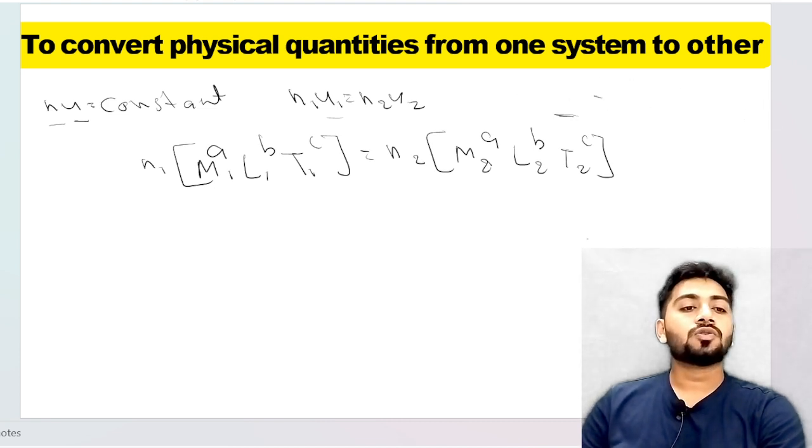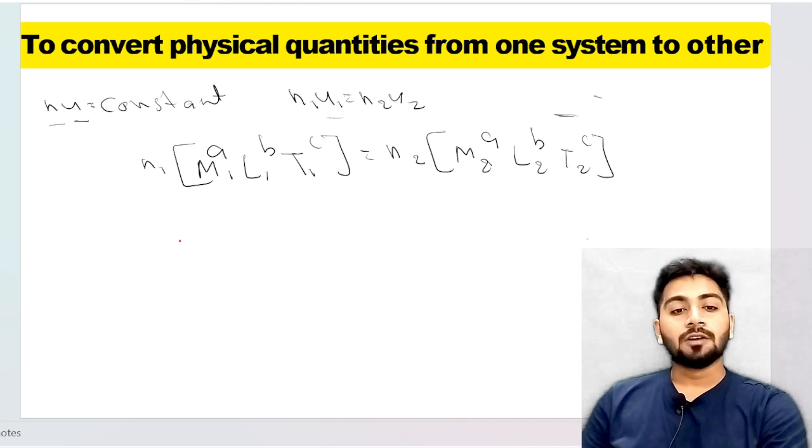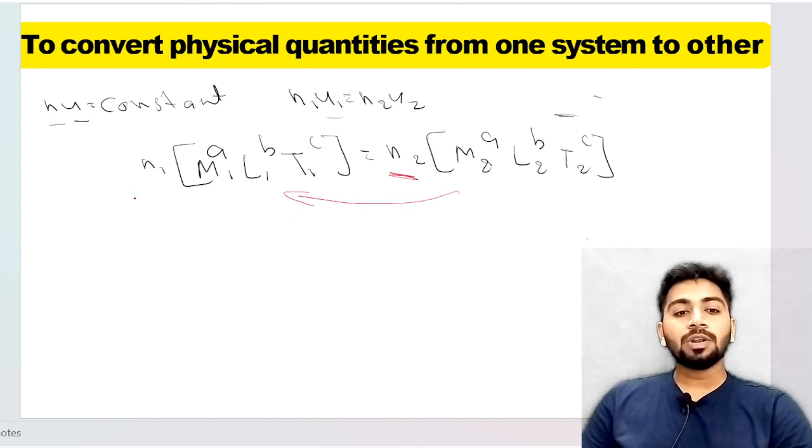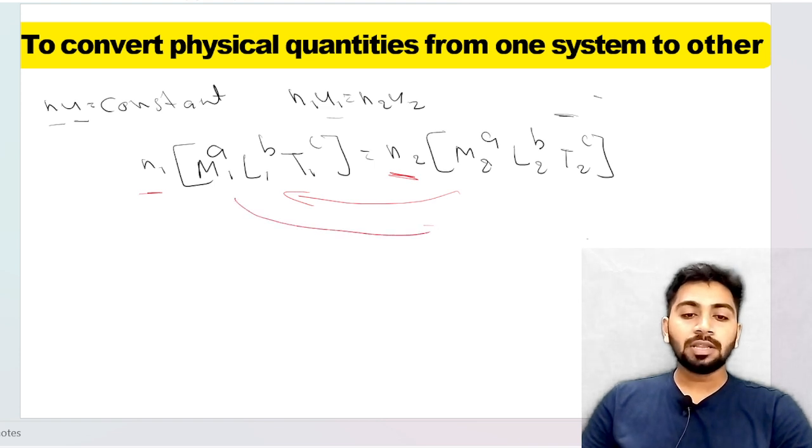Okay, now super. Now if I want to convert, if I want only n2, then I will send this side. If I want only n1, then I will send this one this side.